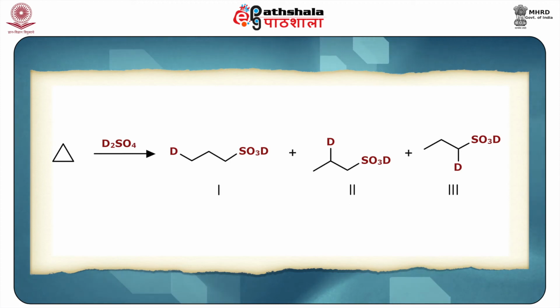You can notice that the first one is the expected product where D and SO3D add to the first and third carbon, but in contrast there is a 1,2 addition product, the second one, and there is a 1,1 addition product also, which is the third.